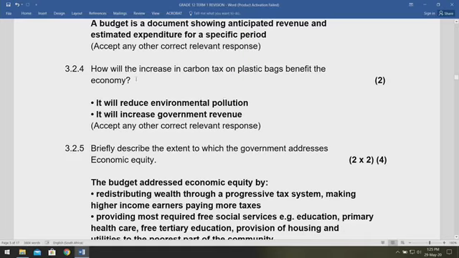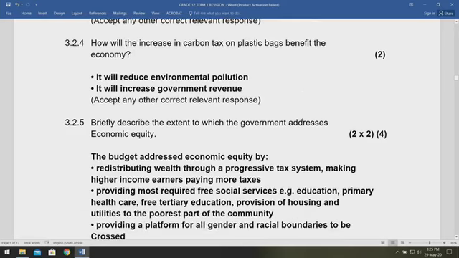So an increase in that will reduce the environmental pollution, and also taxation being an income for government, it is going to increase the government revenue, or you can just say it will increase government income. That would also be acceptable there. Right, that was a very straightforward question.